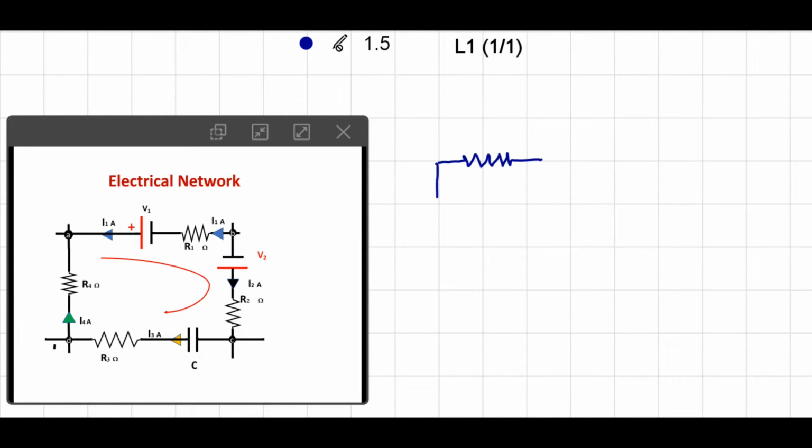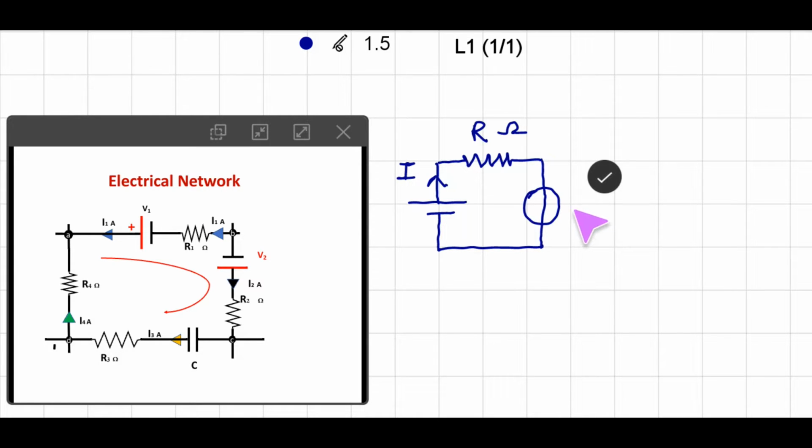So whenever we connect a battery, that is a voltage source, to a resistance, then due to this battery the current I will flow in the circuit, and it will pass through this resistance R, which is measured in terms of ohm, and finally if the circuit is completed the current will flow. Many times we see that a current meter, that is milliammeter, micrometer, etc., is connected in the circuit to measure the current.